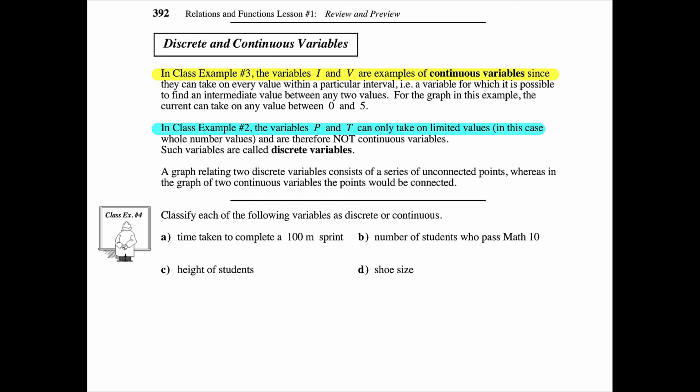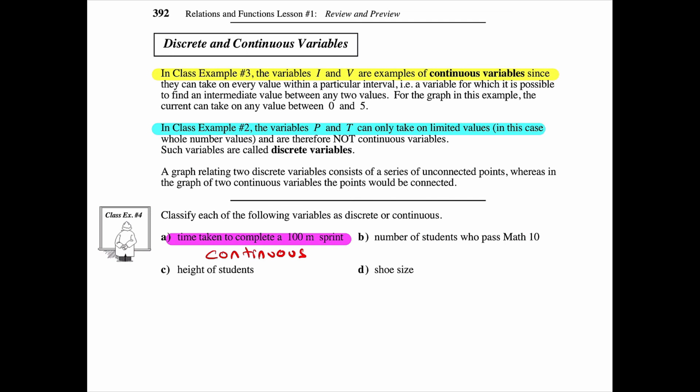Okay, so when we take a look at the example down below, we're trying to figure out which ones are continuous and which ones are discrete. Okay, so what is the time to complete a 100-meter sprint? Well, people don't finish a 100-meter sprint at 10 different selected times. It could be really any infinite amount of times. So that would make this one continuous.